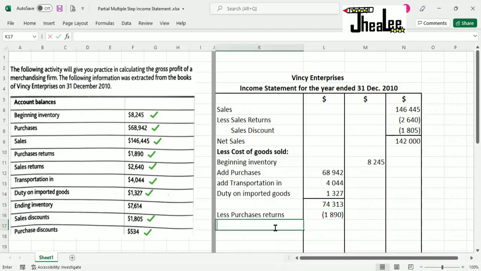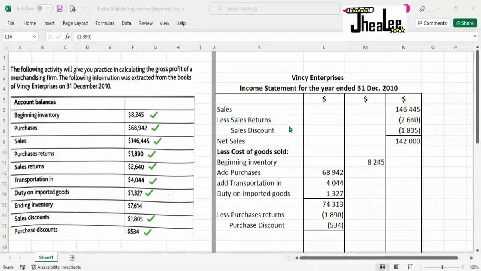The other thing that we are subtracting, once it is in the question, and we have it in this question, is the purchase discount. And the value for the purchase discount is $534. So remember, once you have purchases returns, that's going to decrease your purchases, so you must subtract that. If there is purchase discount, that also decreases your purchases, so you're going to subtract that as well.